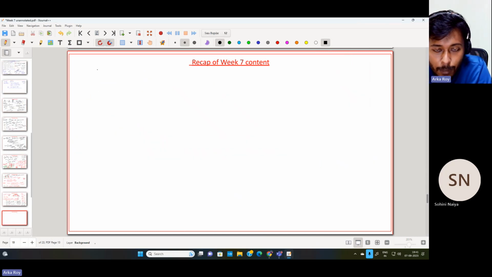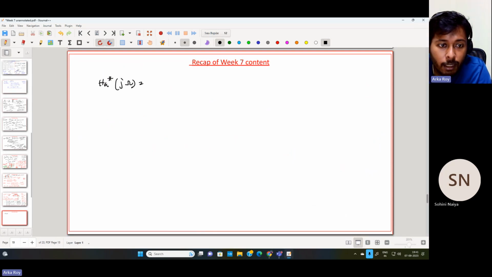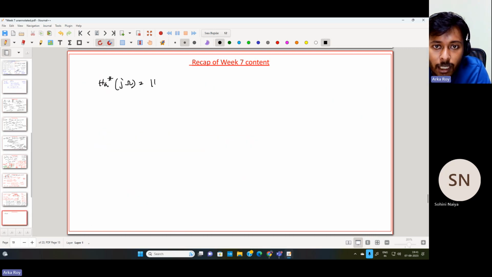So it will be the same as H star of jω. This is nothing but, instead of putting jω, now I am putting minus jω. Otherwise the rest of the operations are the same. So finding H star(jω) is nothing but H of minus jω.